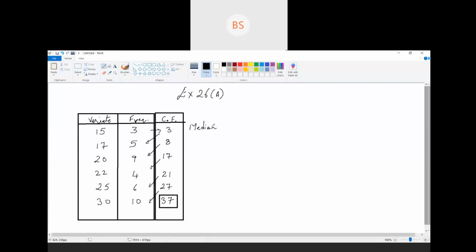So the median is equal to the n plus 1 by 2 term. So now here what is n? 37. So 37 plus 1 upon 2, that is 38 by 2. That will give us the 19th observation. So the median is the 19th observation.